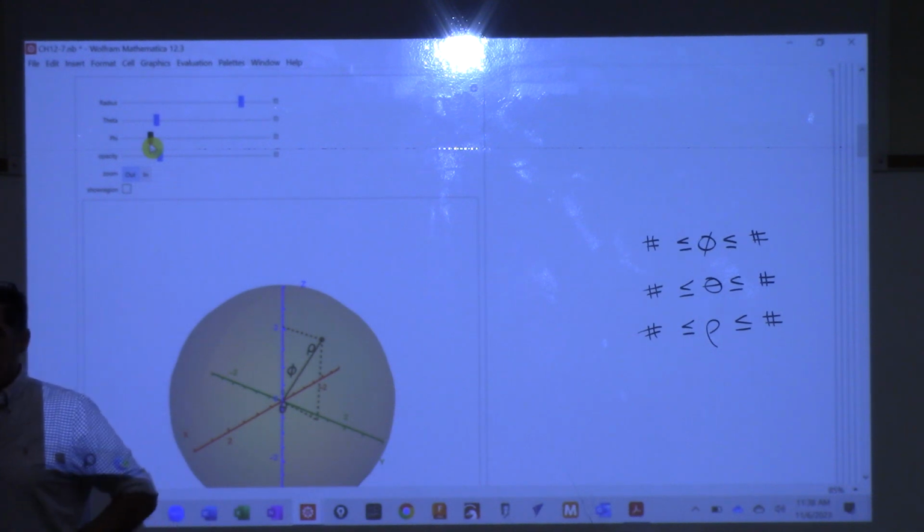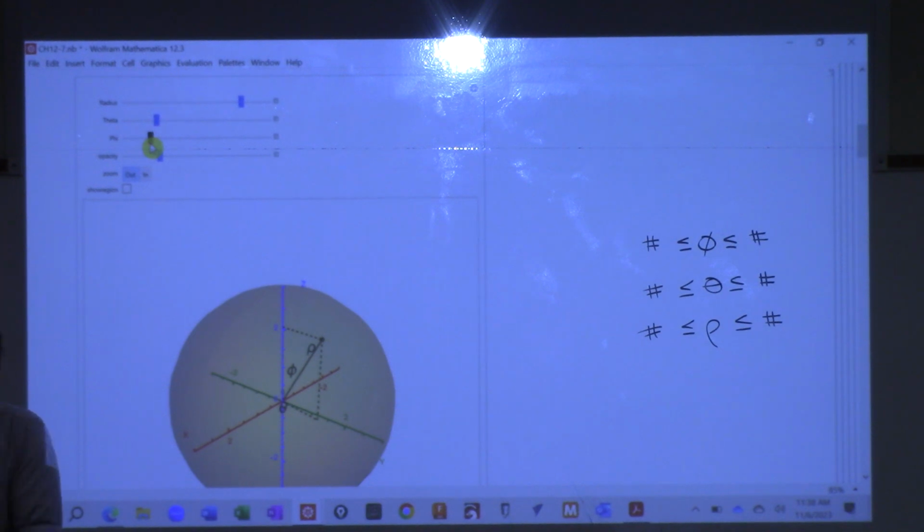Imagine if I go from 0 to pi and then start swinging around, all the way around, I get the entire sphere. If I went all the way around with phi, then I couldn't go all the way around with theta because I would overlap myself. So the convention is that we restrict phi between 0 and pi, and then we let theta go all the way around. And then rho can be whatever.